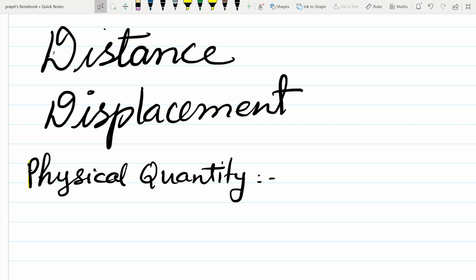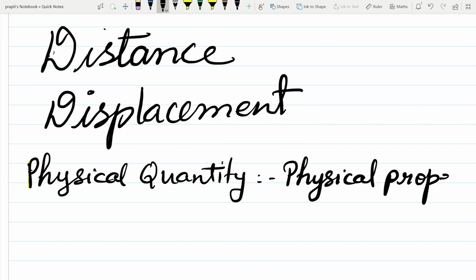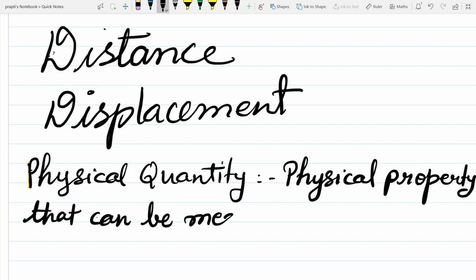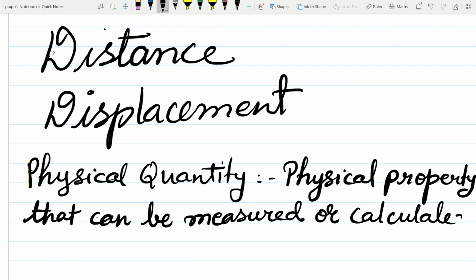Now, a physical quantity is nothing but a physical property of any object, or a physical property that can be measured or calculated or quantified.